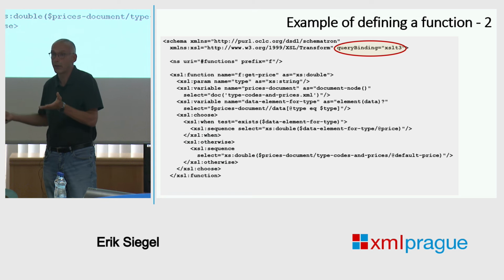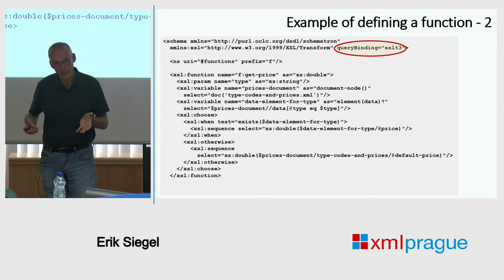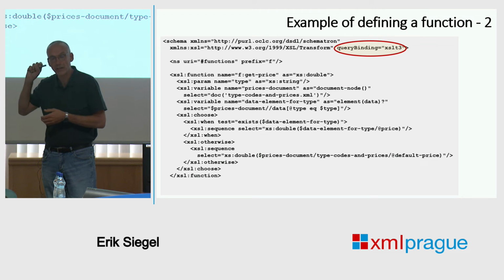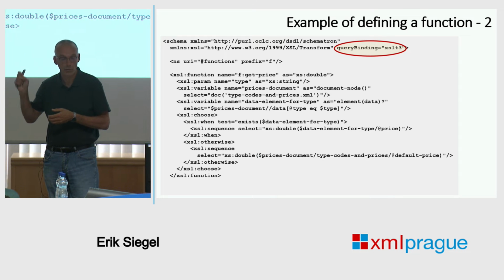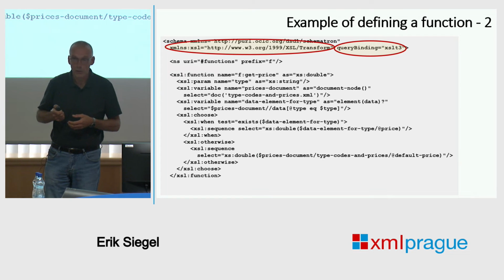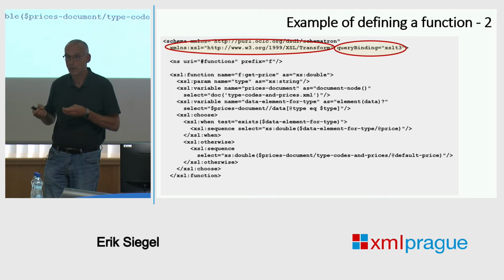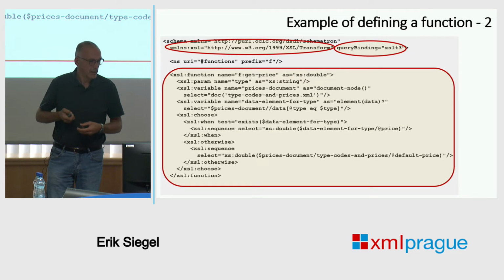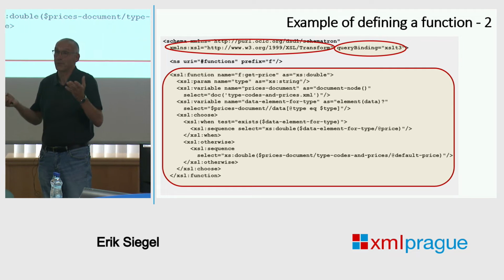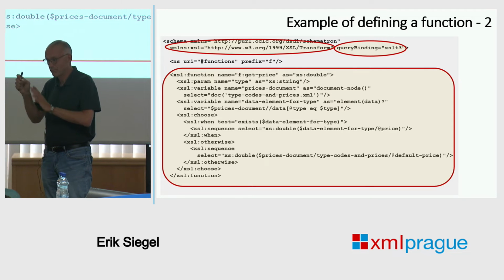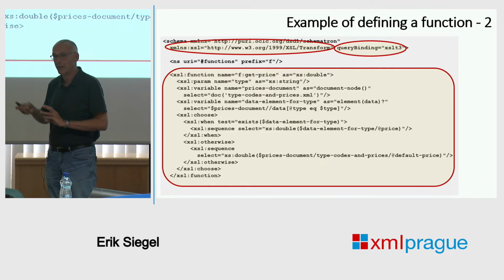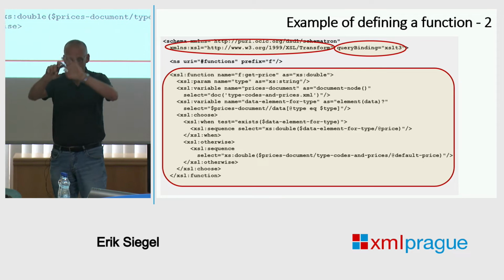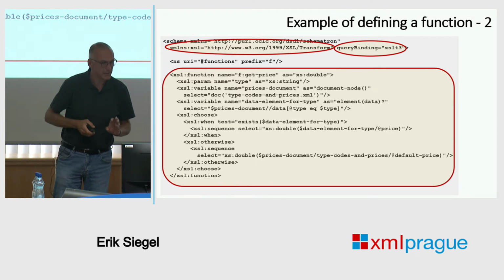Again, we need to define the query binding, otherwise you can't use functions. Again, I used XSLT3 and I think XSLT2 would also work here. Again, you need to define the XSL namespace because you're using XSL elements in your Schematron schema. You also need to define your function, of course. This is the XSL function. For those who want to look into the details of the XSL, fine, but I'm not going to discuss that here.